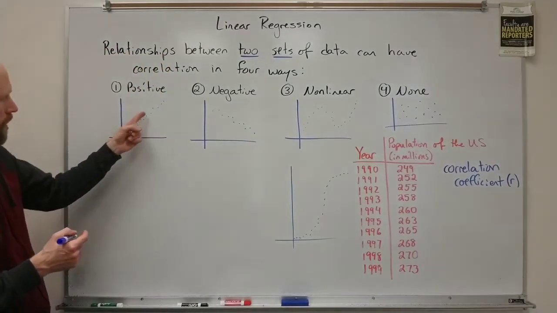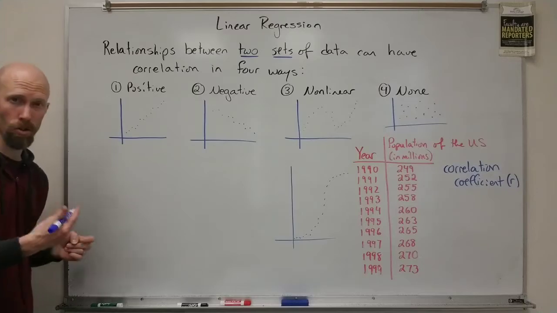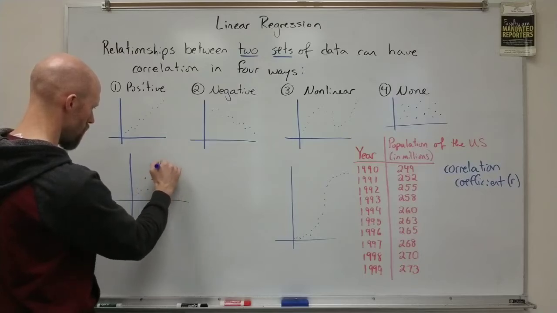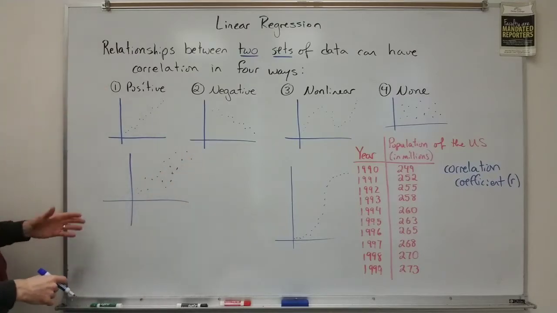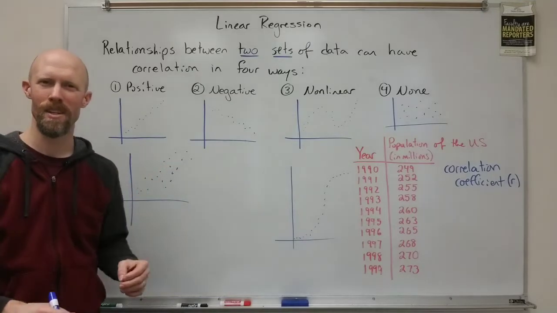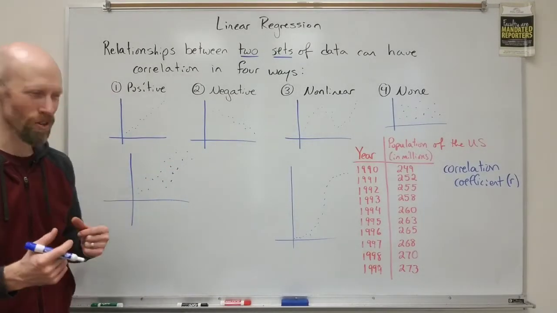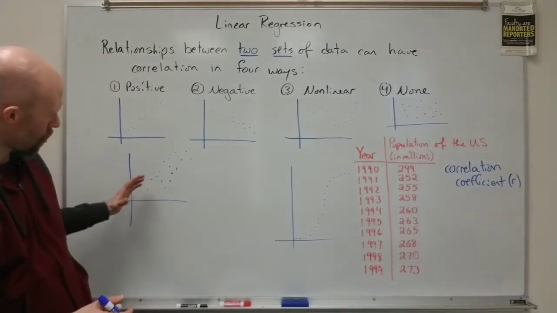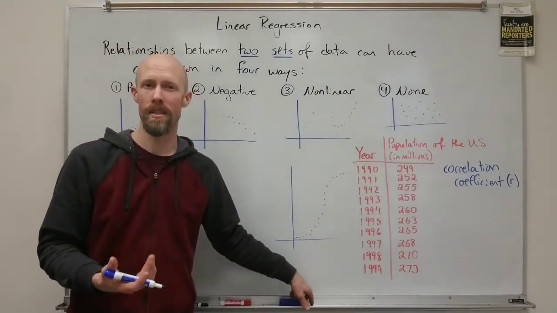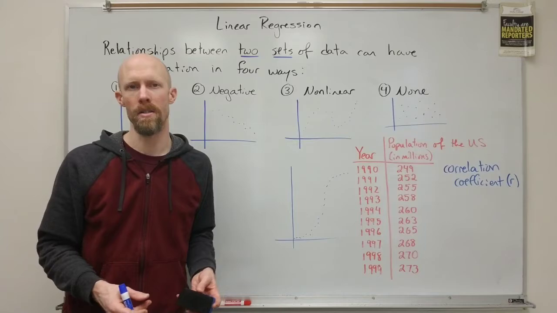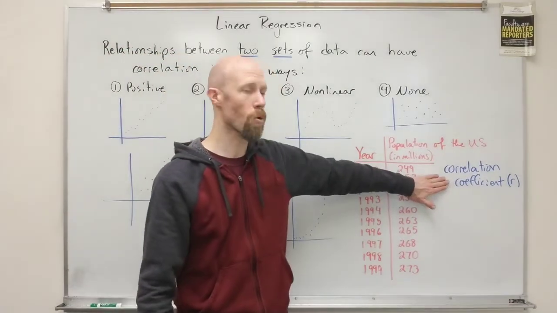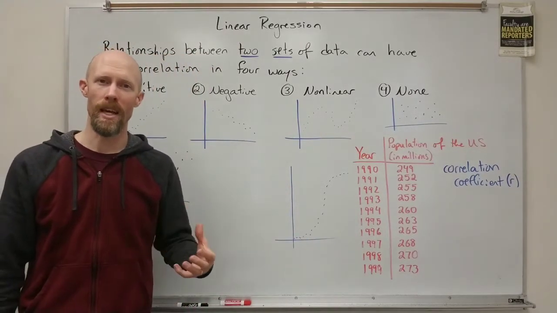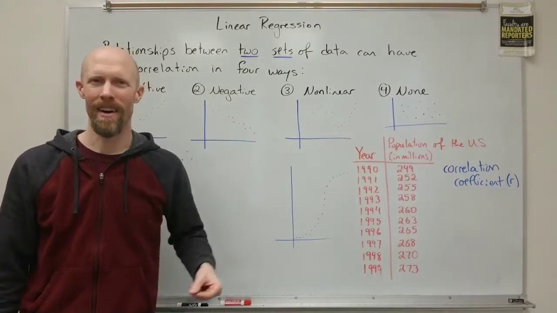It could be really nice and very linear like this one, a good positive correlation, or you could have a positive correlation, but you can kind of tell there's a positive correlation, but it's not a real tight, linear looking correlation. Things are spread out a little bit more. Maybe it doesn't quite have as obvious of a trend to it. And that's less of a positive correlation, but still a positive correlation. Well, this correlation coefficient can give us a better understanding of how well the data fits a line, or a line fits the data, however you want to say that.